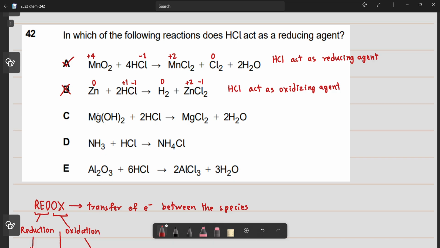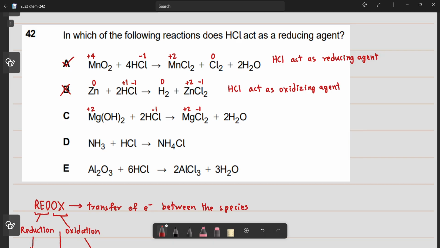Over here, magnesium, I know, is going to have a charge of +2, and over here it's going to be +2. The hydroxide I'm going to ignore. In HCl, I'm going to focus on the chlorine atom, and it's -1 in this compound and also -1 in the other compound.